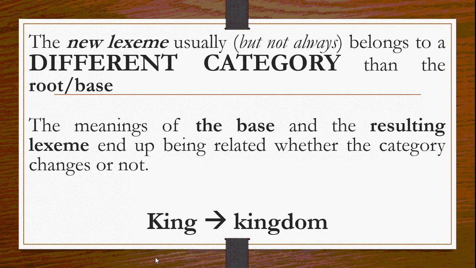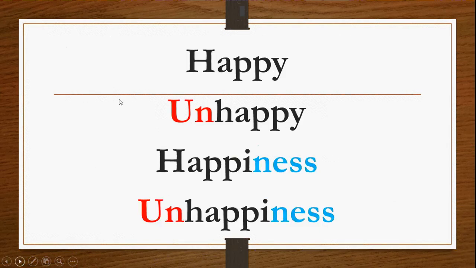All right, let's continue with the next slide. Okay, so this is an example of how derivation can work in a word, right? For example, happy, we can have the derivational prefix un to get unhappy, or the derivational suffix ness to create happiness, and they can work at the same time to create unhappiness. All right? In this case, happy and unhappy belong to the same category.